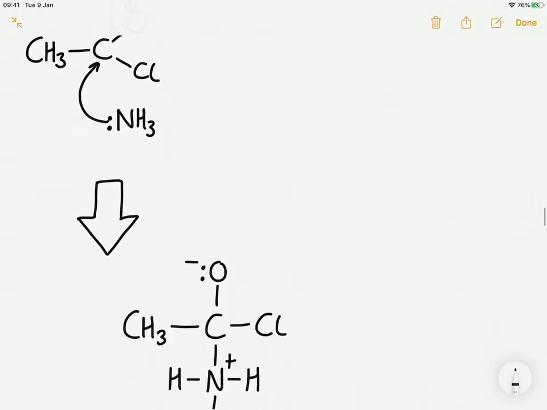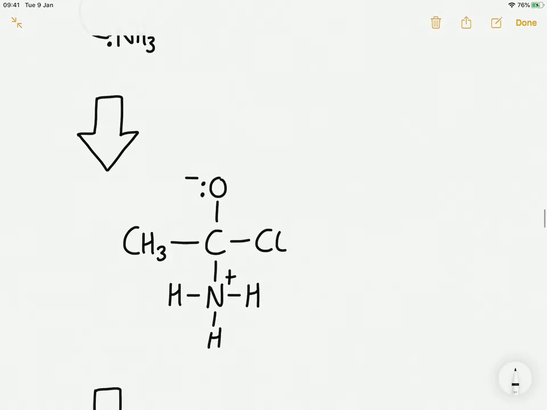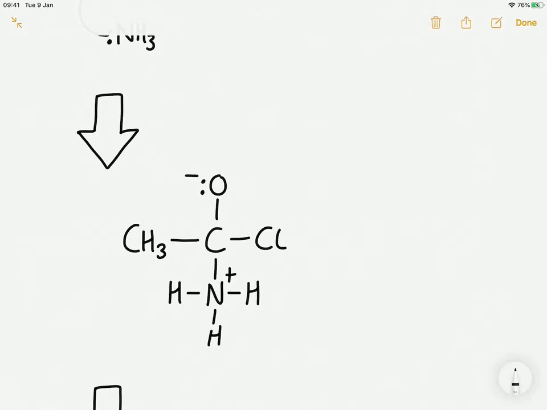Okay, so we should have this. Again, it's that idea that the nucleophile always has too many bonds at this stage and therefore has a positive charge. So actually you can do the curly arrows here, it's just that there's an additional thing we have to think about. So we're going to have that, that, and then any one of these, but I'm going to choose the one on the left.